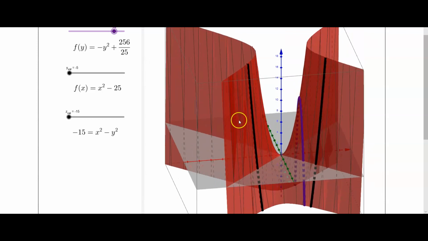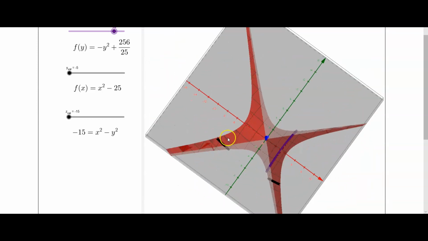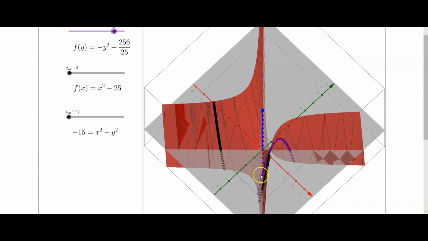So we kind of get this saddle looking thing. It kind of looks a little bit like a saddle, like a horse's saddle. It opens upwards in this direction, but opens downwards in this other direction.